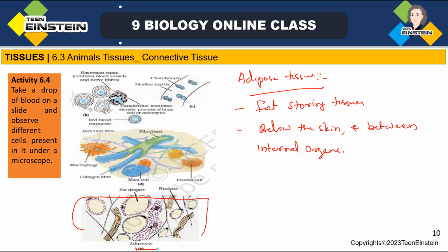So how will the cells be? Here you can see the cells. About the cells we need to tell, right? These are the fat storing tissues, present below the skin and between internal organs. Then what about the cells of this connective tissue? The cells of this tissue are filled with fat globules.